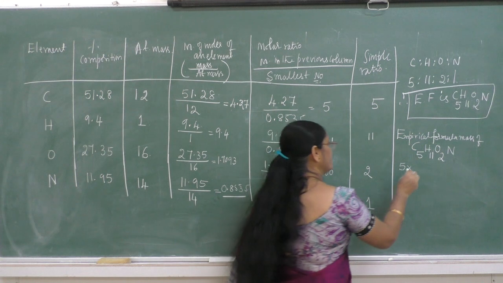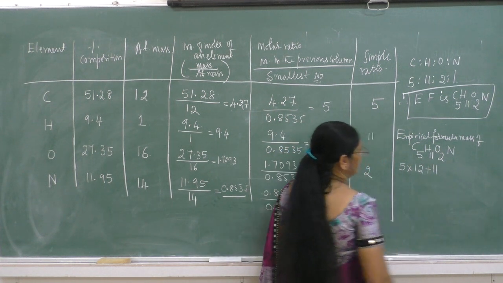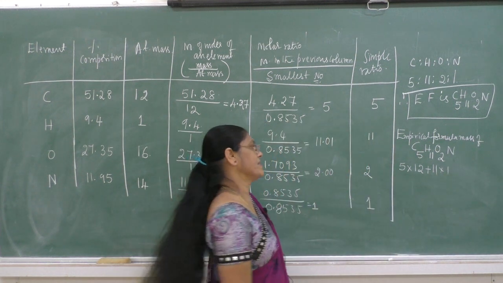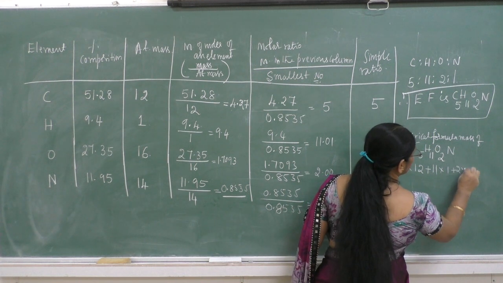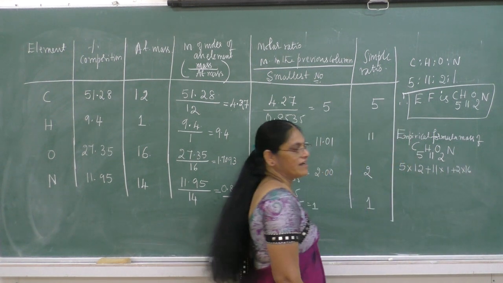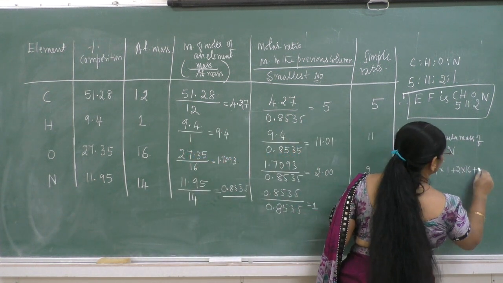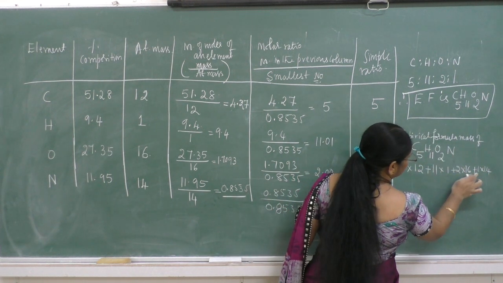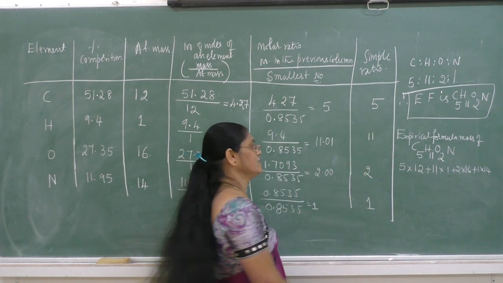Its atomic mass is 12, plus 11 hydrogen atoms with atomic mass 1, plus 2 oxygen atoms with atomic mass 16, plus 1 nitrogen atom multiplied by its atomic mass 14.